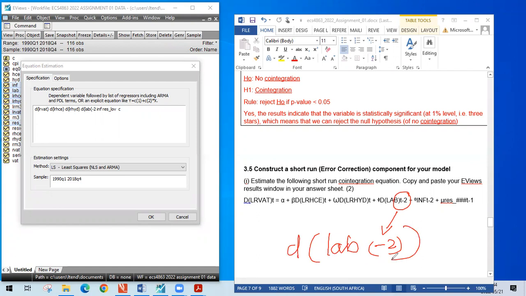We are saying the lab is lagged twice. There's this bracket, which is going to be closed by this. That's why we are having the brackets there. So that's how I'm going to put it here. I'm going to close here, 2 brackets after that.